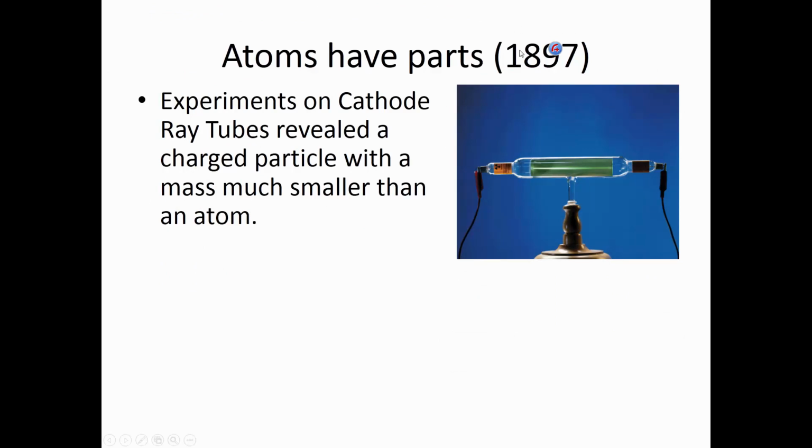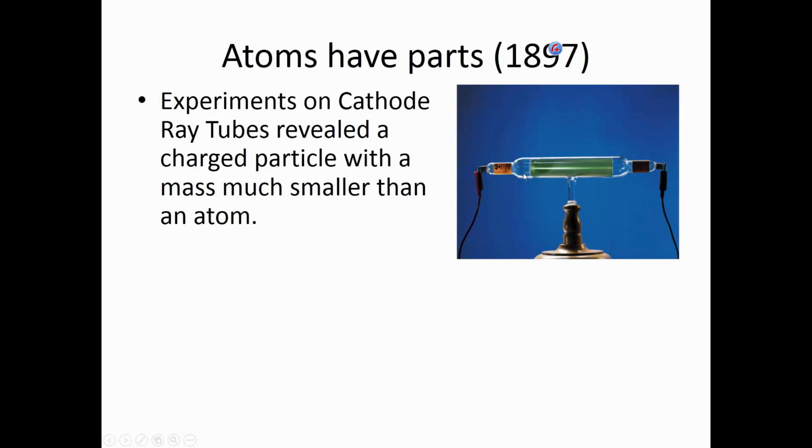So in about 1897, so actually not too long after Mendeleev discovered the periodic table, it was discovered that atoms had parts. Atoms were made of things instead of being the smallest thing. So this was discovered with experiments on cathode ray tubes. We'll look at a cathode ray tube in lab a bit later in the semester, but this is what they look like.